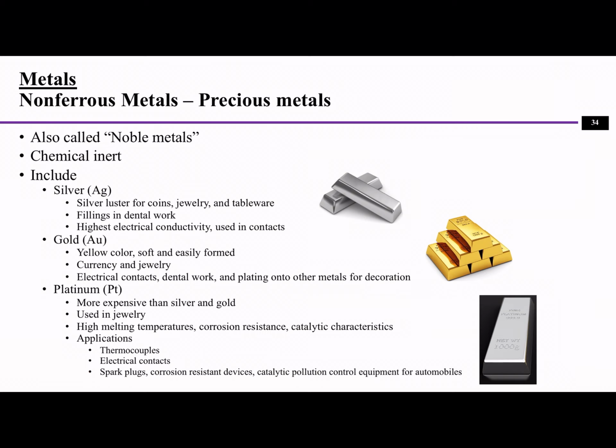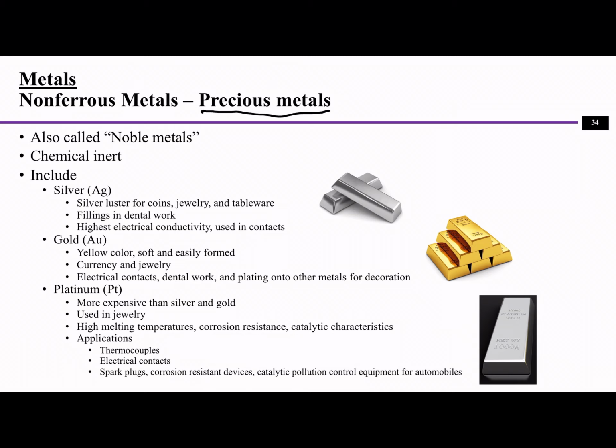Another group of metals are the precious metals. Precious metals are very noble, so they're very stable chemically in reactions. They do not usually react with other elements in certain environments.